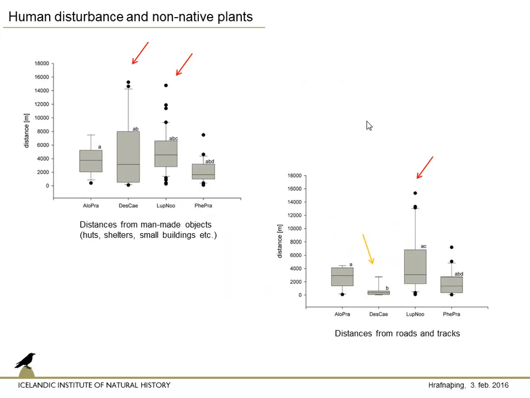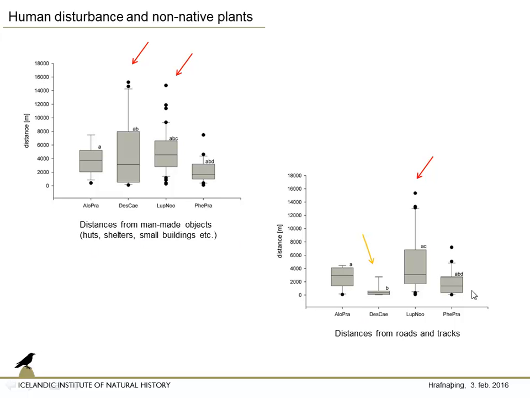Then again, another thing that has been done during this project was that I tried to record the distance of places where the alien species were found. And I measured the distances from the man-made objects such as huts, shelters, and small buildings.